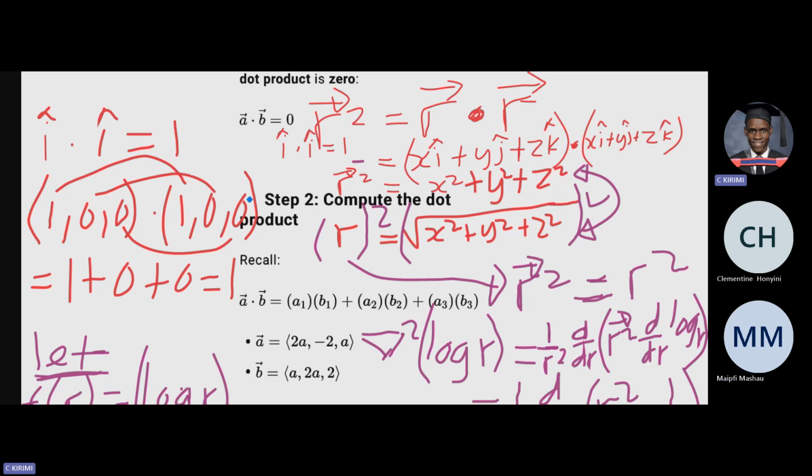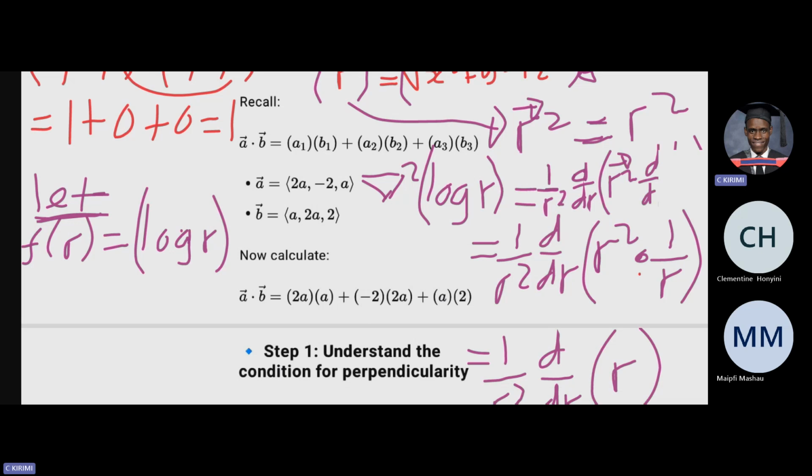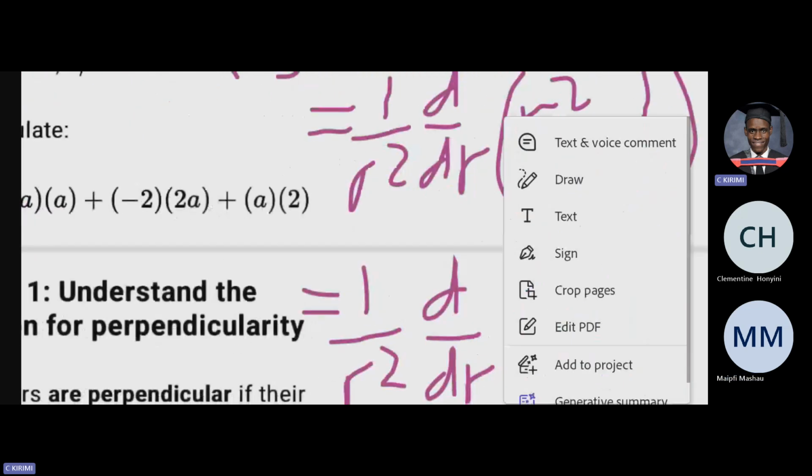It will be 1 over r squared, d/dr multiplied by r squared as a vector, d/dr of that function you have been given. So we have proved this, coming back to the original, what we were told to prove.